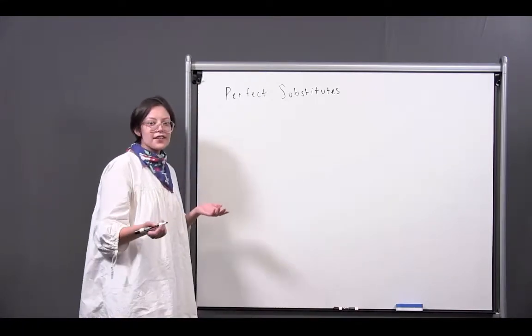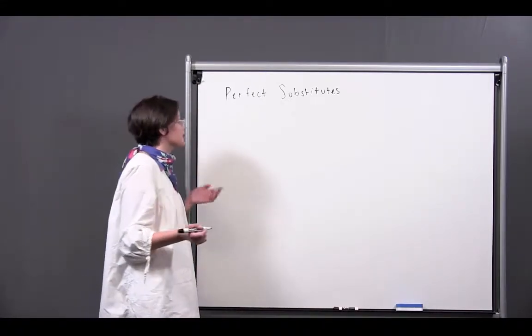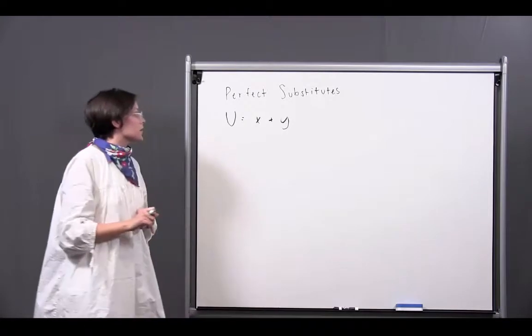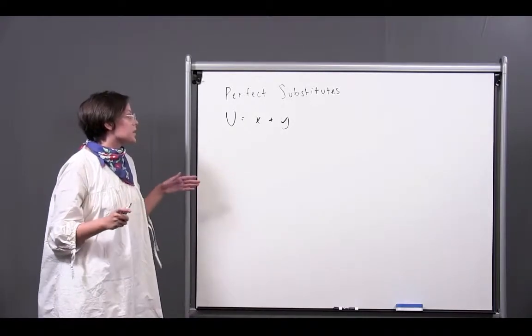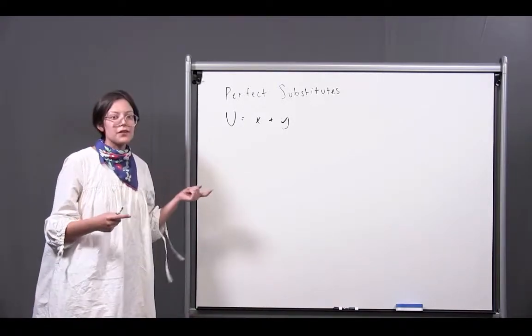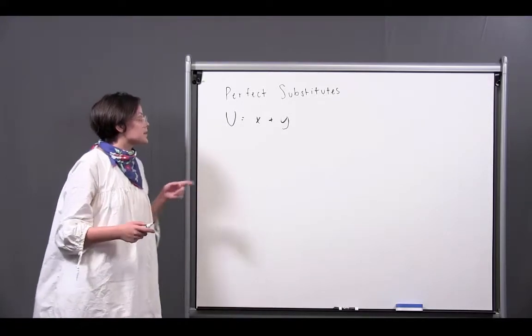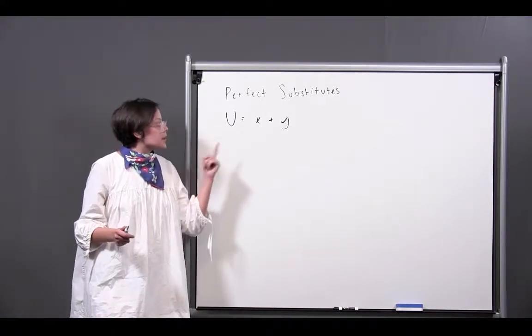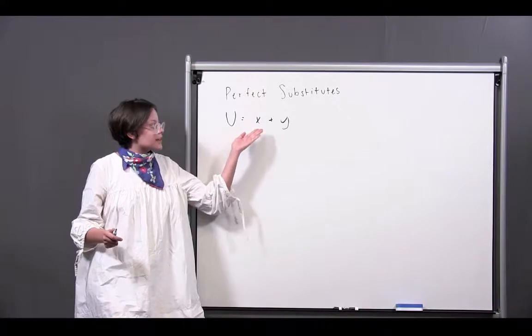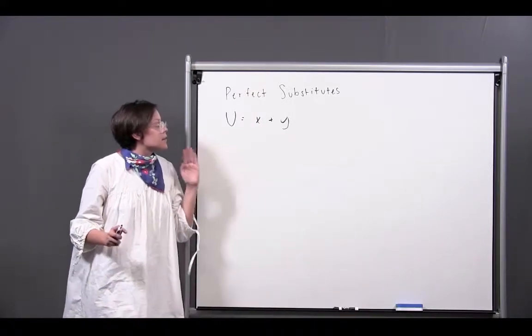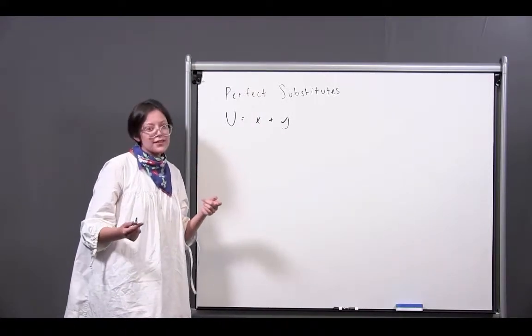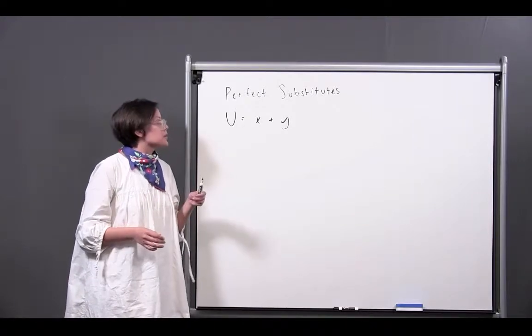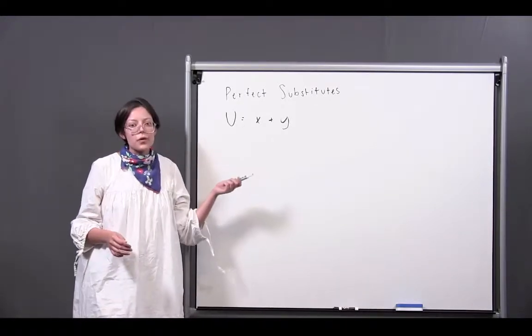So the utility function for perfect substitutes is going to look something like this. The reason that we know that this function would be depicting perfect substitutes is because we see there's no relationship between x and y. Based off of the prices of x and y, they're either going to consume x or consume y.